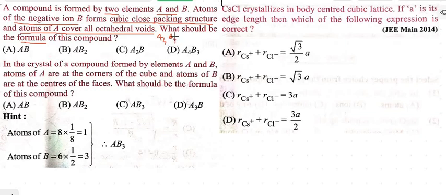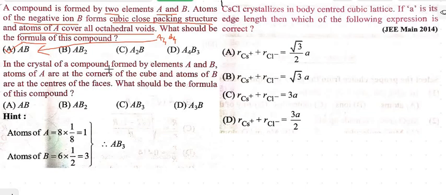But now see, you don't have any option which looks like A4B4. So if you simplify, this will become what? AB. Okay, so the correct answer is AB. Okay, now let us see one more question.